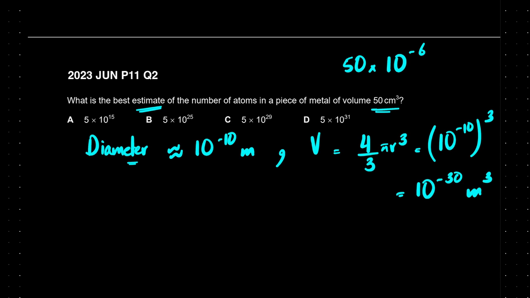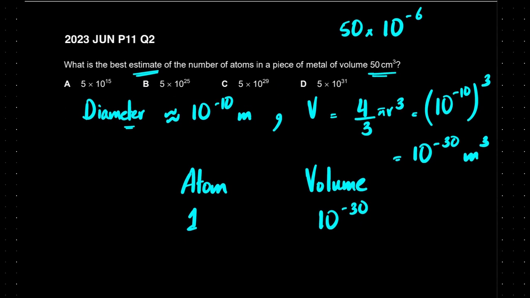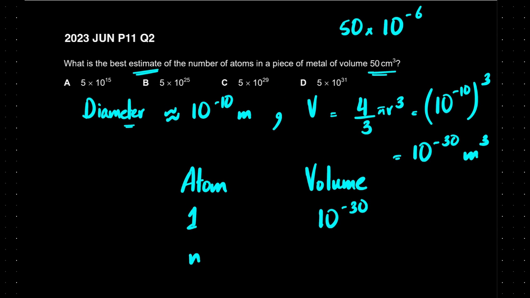So if I make a simple unitary method column like this: if one atom has a volume of 10 to the negative 30 meter cube, how many atoms n have a volume 50 into 10 to the negative 6? And from here on out, this is just simple elementary level math. You just cross multiply.